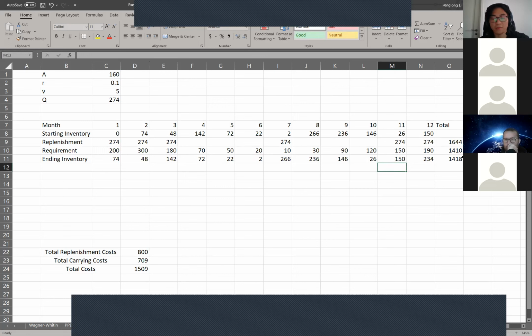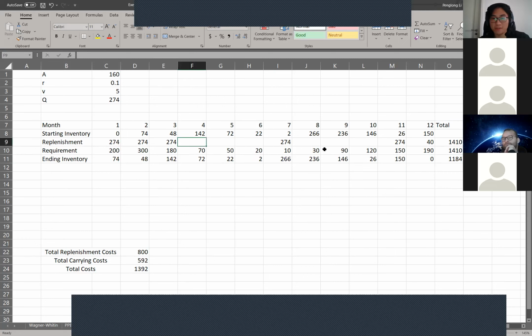I just think that the problem of this one is that you can see that we have an ending inventory in the end, and it makes sense to me, at least here we need to order like only 40 of them. But yeah, it's up to you.